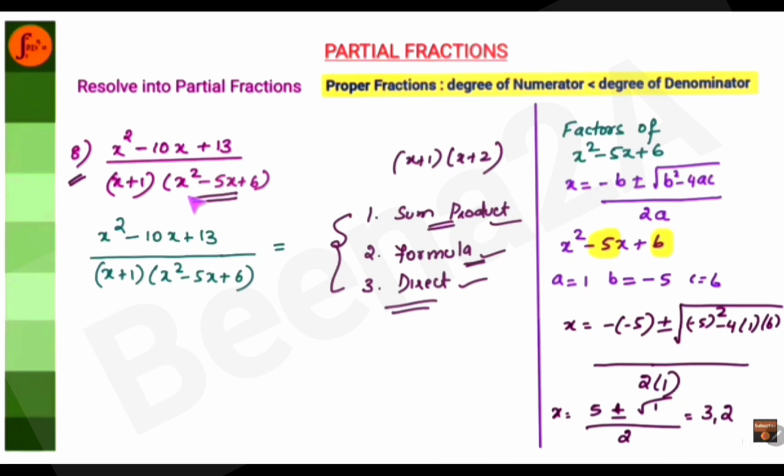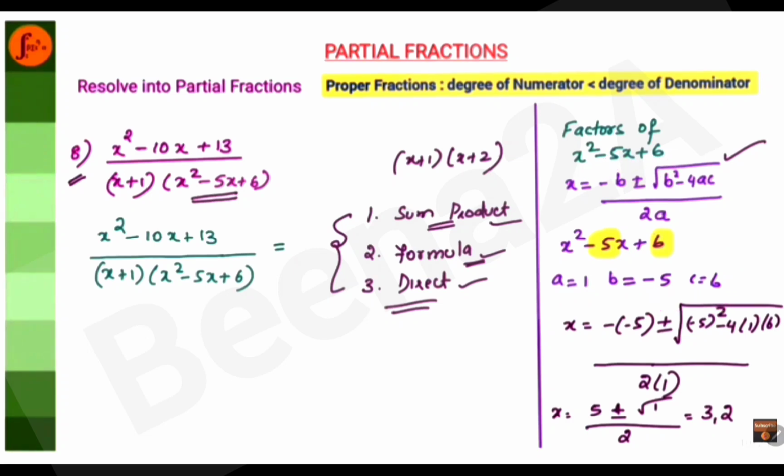Now here we have this particular quadratic equation. We can use formula method. This is the formula: minus b plus or minus square root of b square minus 4ac, by 2a, right? a, b, c are the coefficients. What are coefficients? Coefficients are nothing but numbers which are next to x.